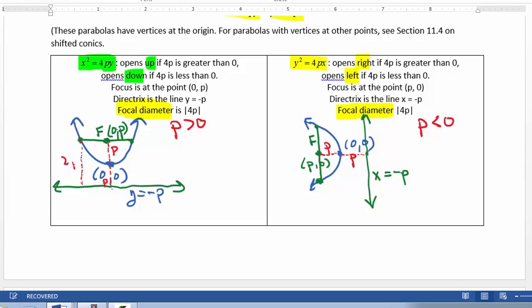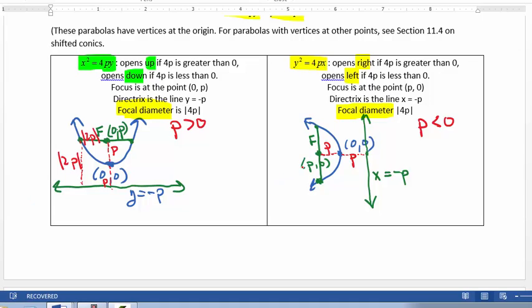So it's actually going to be 2p. Well, technically the absolute value of 2p, because p could be negative. In this case, it's positive, so it would be just 2p, but it's technically the absolute value. So since this distance is 2p from the point to the directrix, the distance from the point to the focus has also got to be 2p. And then you have the same thing on both sides. So if this is 2p and this is 2p, of course, you get a length of 4p, right?